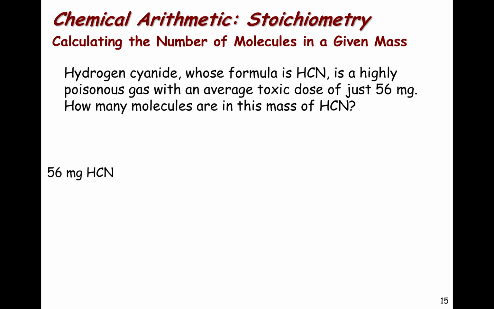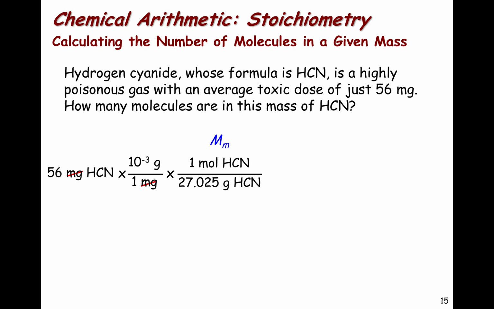So, starting with 56 milligrams of HCN, we know that the prefix milli is the same as 10 exponent negative 3. So, in our conversion factor, we put the mg in the denominator. In the numerator, we're replacing the lowercase m prefix with the equivalent power of 10 exponent negative 3. And then we cancel our unit of mg.